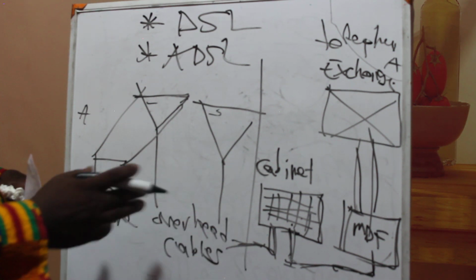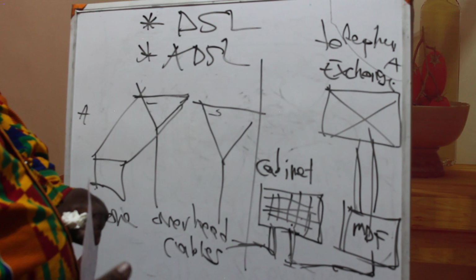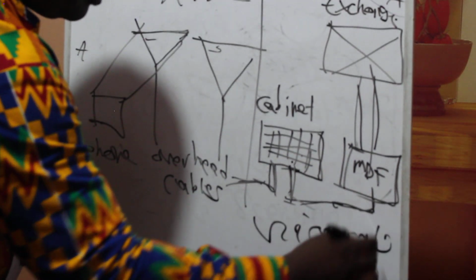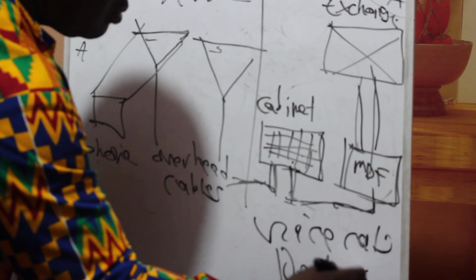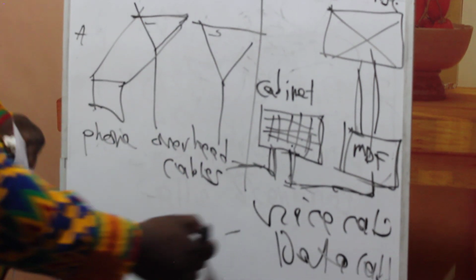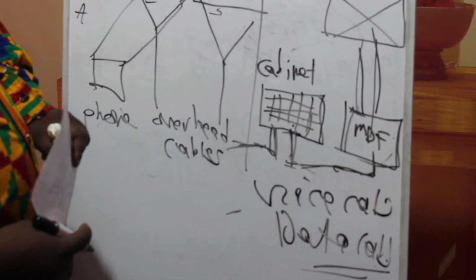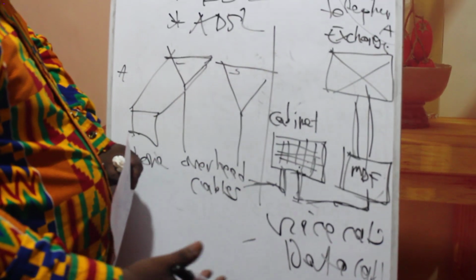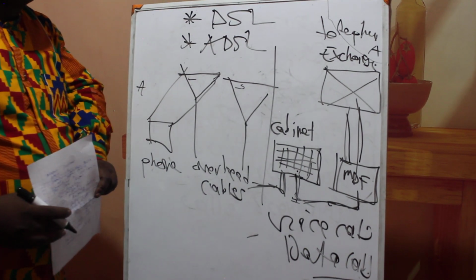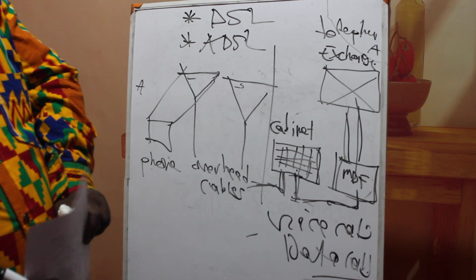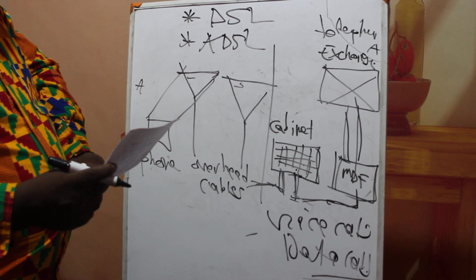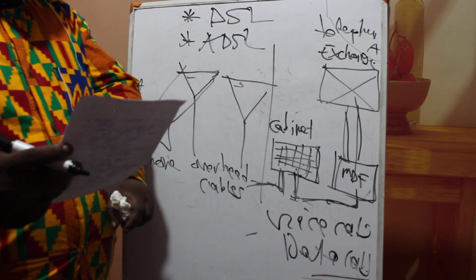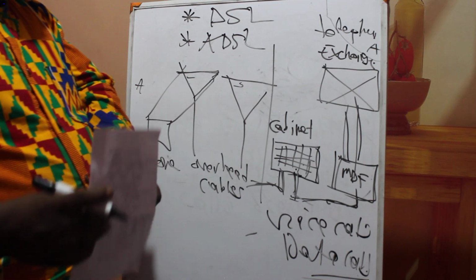So this traditional way of communication had voice calls and also data calls, all working, with the use of DSL, the cables and the telephone exchange. We have this working for both voice and data. So we'll be moving on to the next module, which is the architecture of the GSM network.